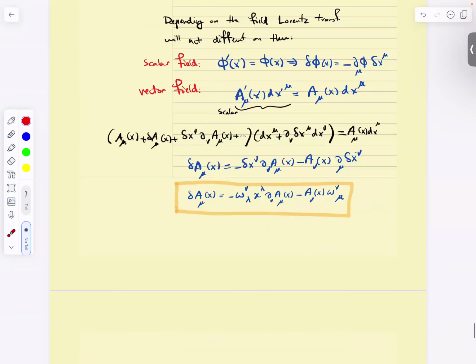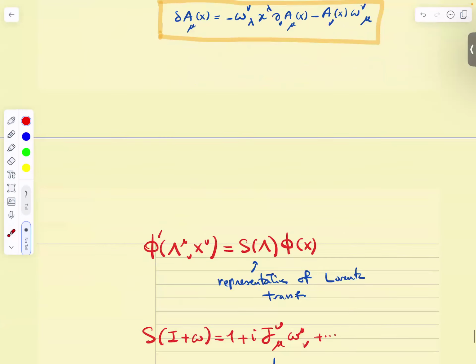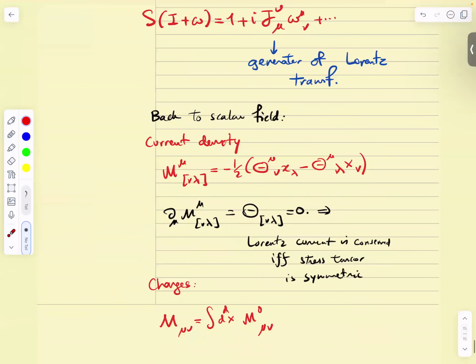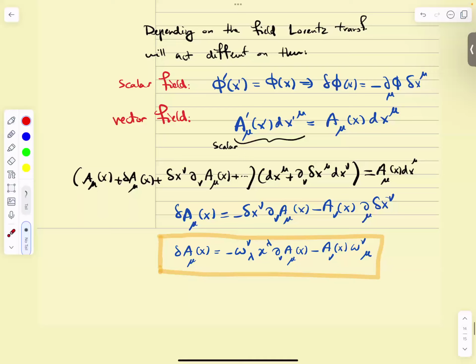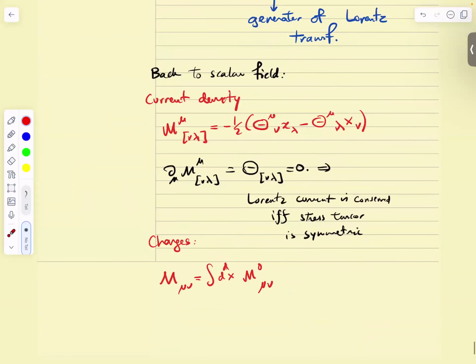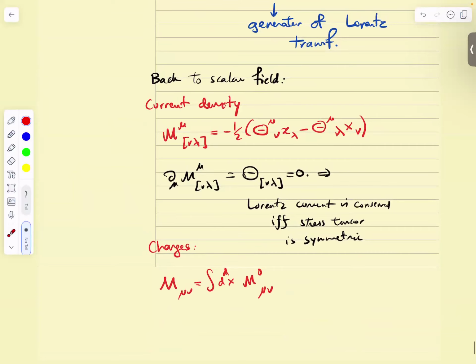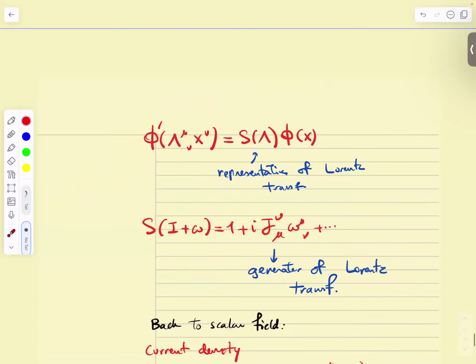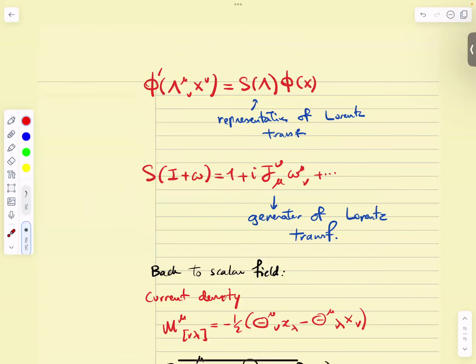Let me skip here. Good. All right. A general field will transform the following way.